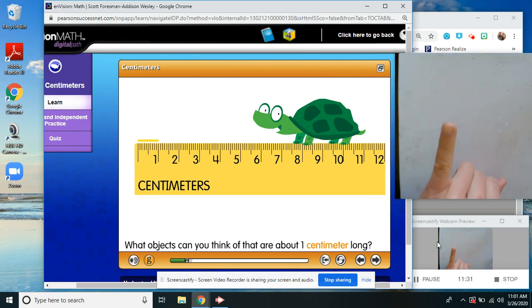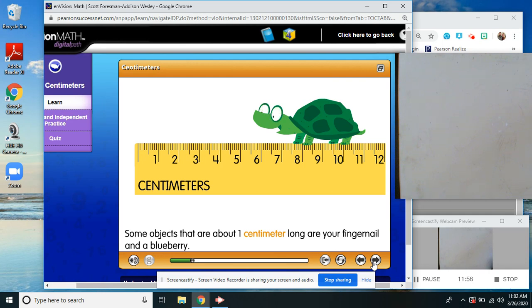What are some things that might be 1 centimeter long? Is there anything that you might find on the ground outside that would be crawling around that is about 1 centimeter long? What other things could be 1 centimeter long? Some objects that are about 1 centimeter long are your fingernail and a blueberry.